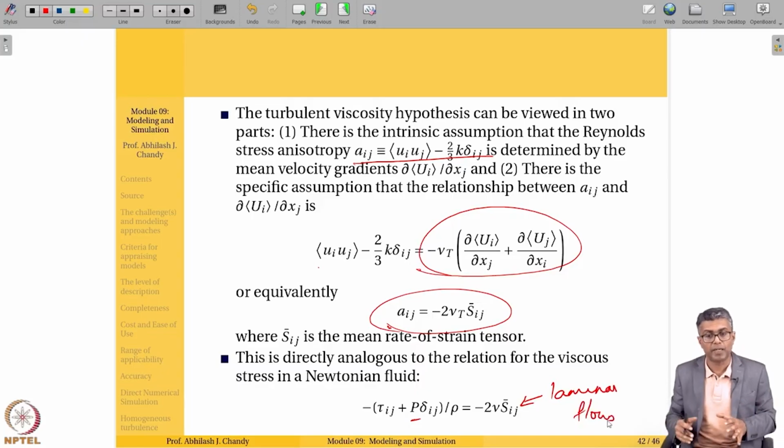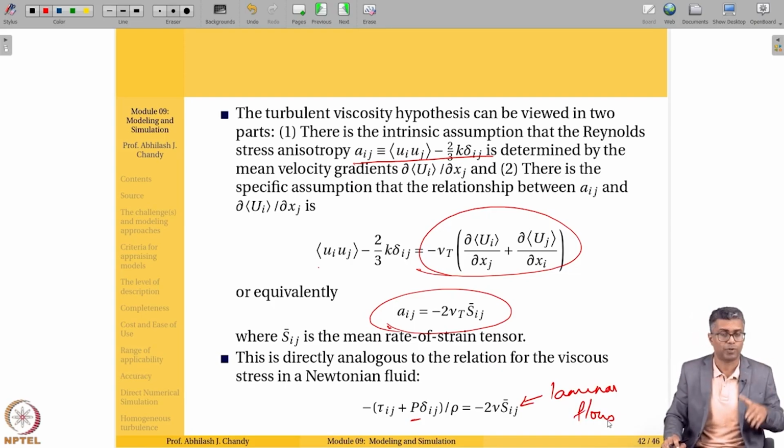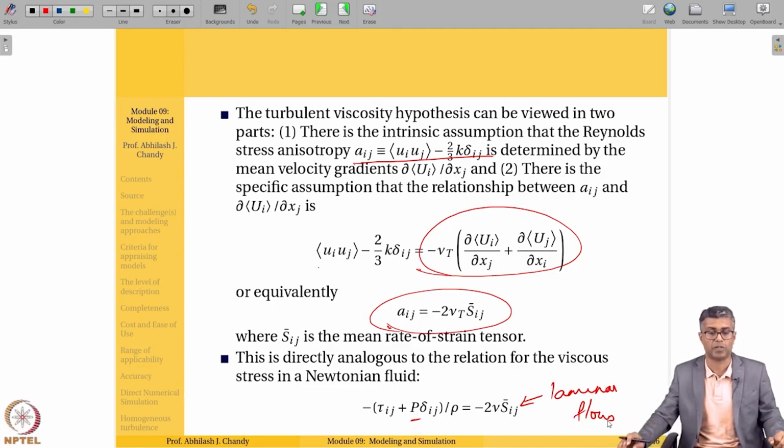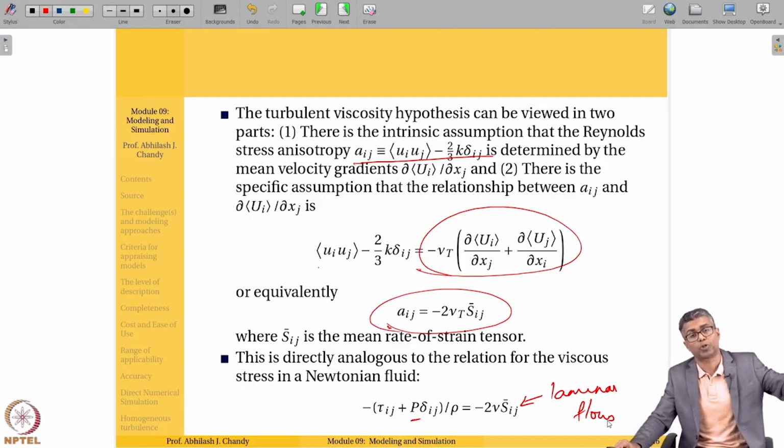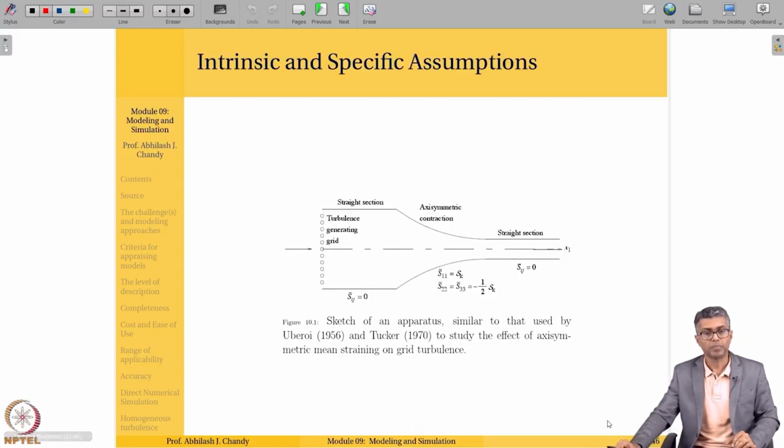What Boussinesq did is he took that into turbulent flows. And because it is in turbulent flows, you have to say that it is proportional to a mean strain rate, because things are fluctuating, things are unsteady, isn't it? So two assumptions: an intrinsic assumption where you're saying it is proportional to the mean strain rate, and a specific assumption where you're saying it is equal to nu t times the mean strain rate.